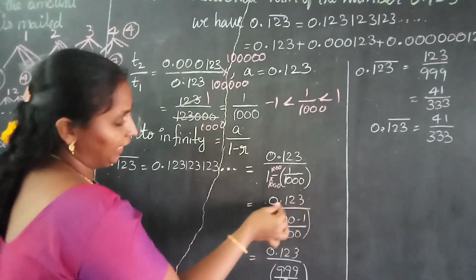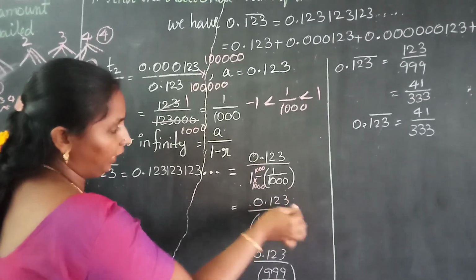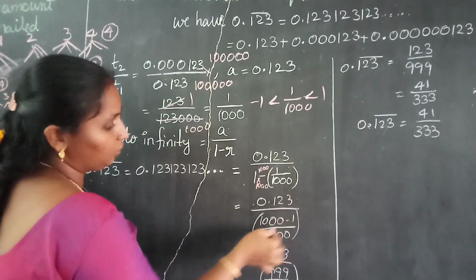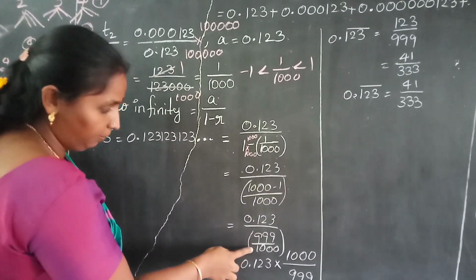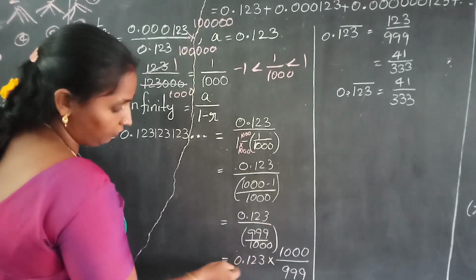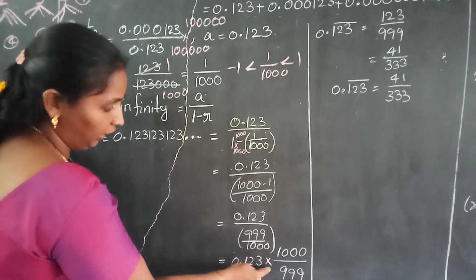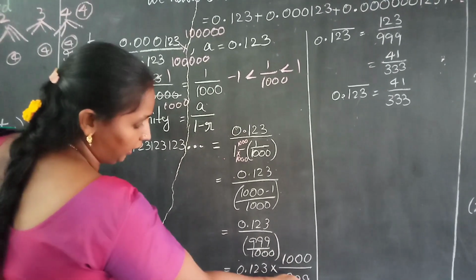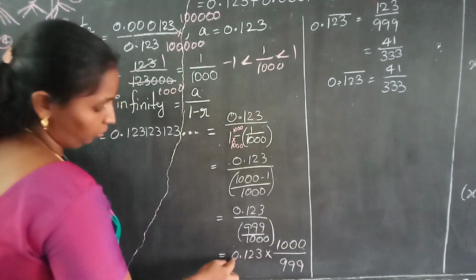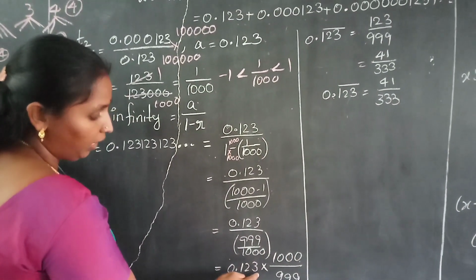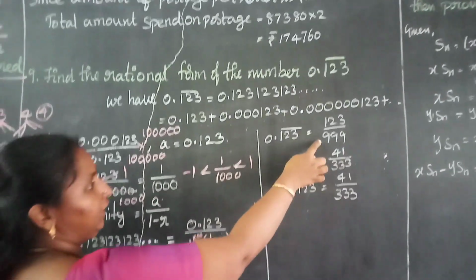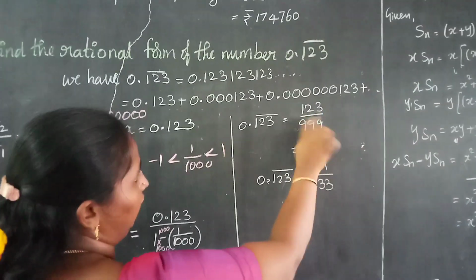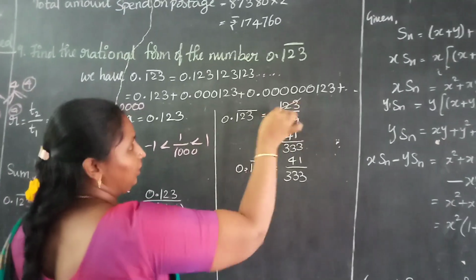Write the numerator as it is, 0.123, divided by 1000 minus 1 by 1000. 1000 minus 1 gives 999 by 1000. Take the reciprocal of this, you will get 0.123 into 1000 by 999. Multiply these two; the point will be removed. You will get 123 divided by 999. Cancel this in the 3 table.